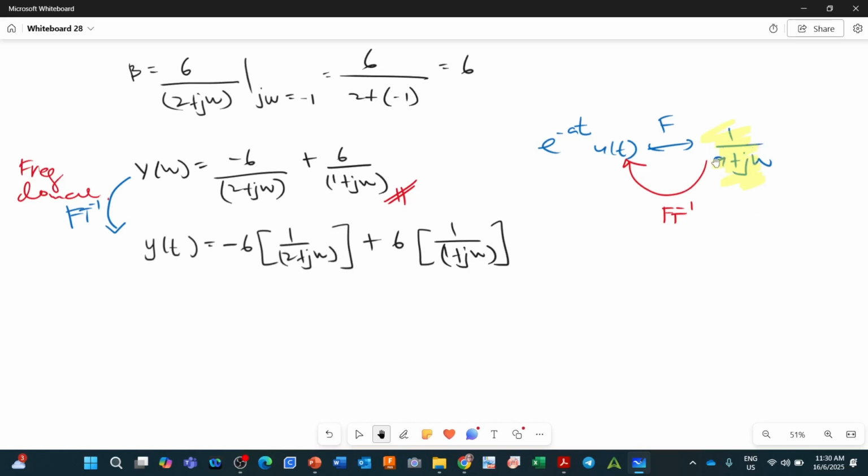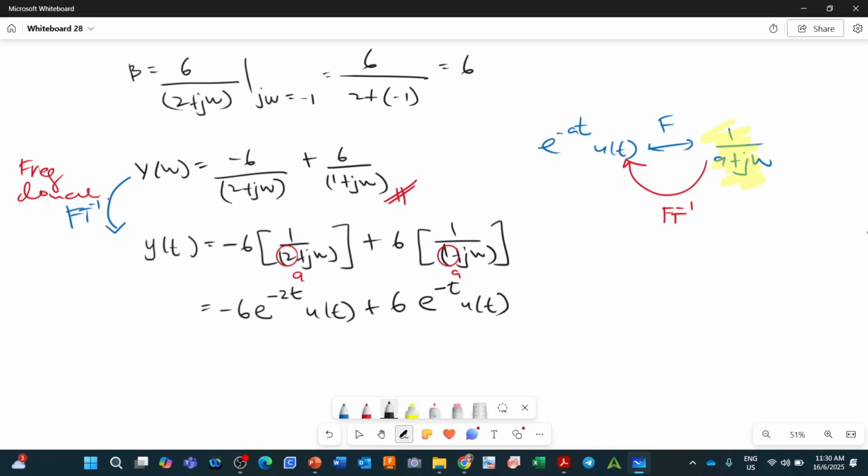You can see that a is actually 2 here and a is actually 1 here. Then you can write it as minus 6 e to the minus 2t u(t) plus 6 e to the minus t u(t). So this will be the answer in time domain.